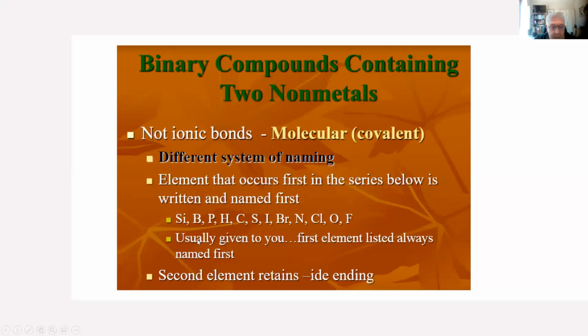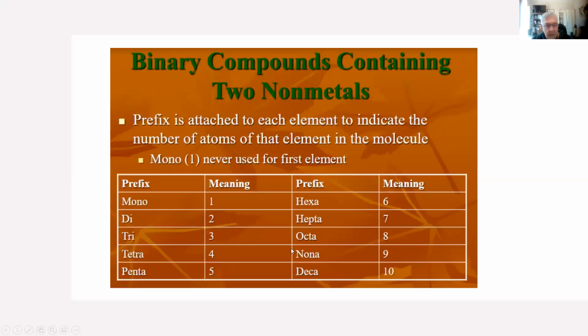The first element is, as always, the name of the element, but the second element changes the ending to "ide." Look here, you have the prefixes used according to the number of atoms.